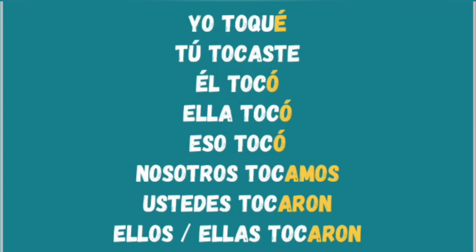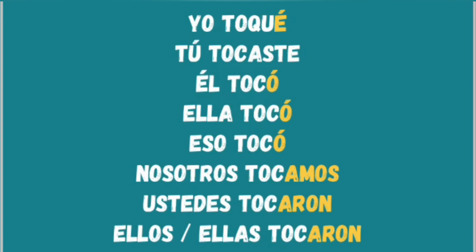Tú tocaste. Okay? Now if you want to say he played or he touched, then you have to say él tocó. Él tocó in Spanish, okay? If you want to say she touched or she played, in Spanish you have to say ella tocó.